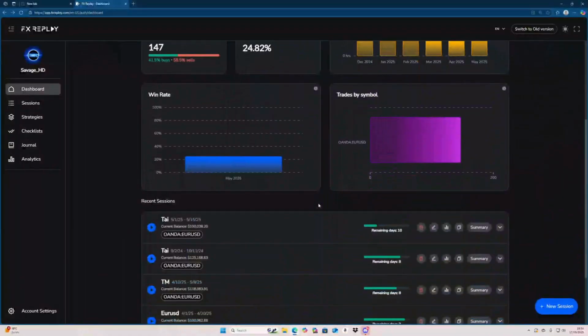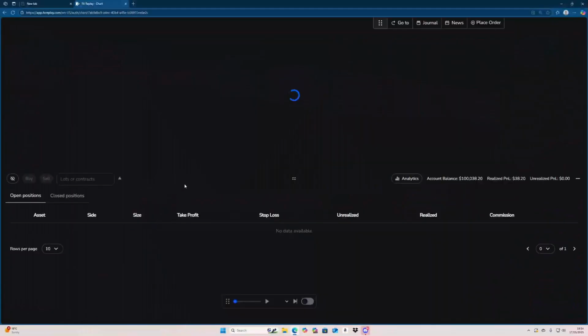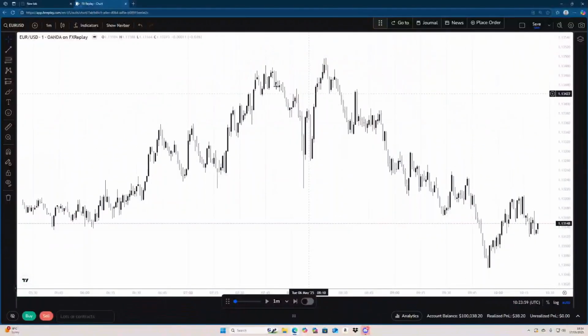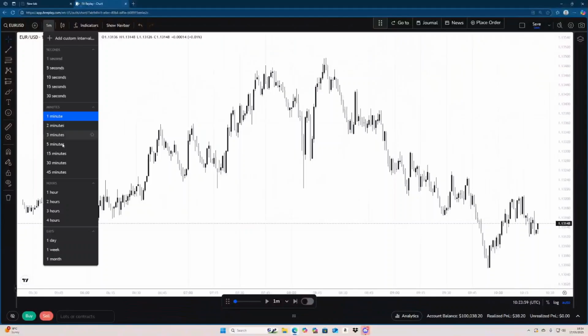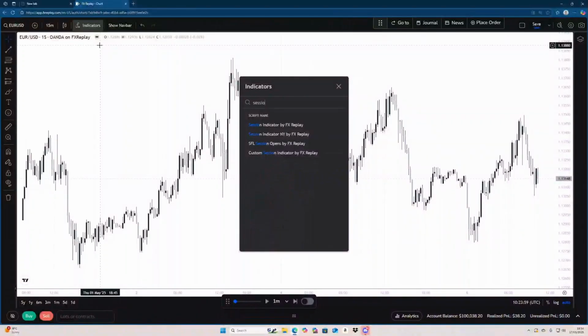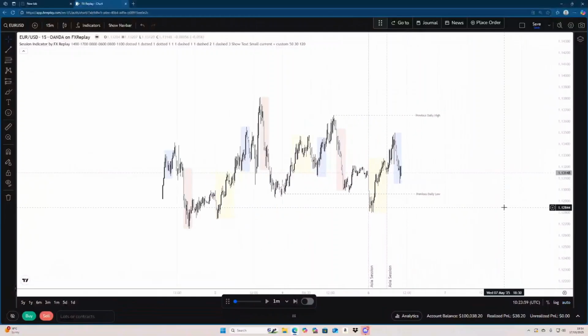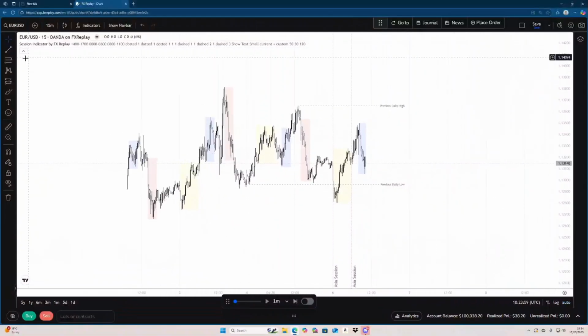I don't know what's going on. I'm pretty sure I've just skipped to the next day. Let me see. No, I didn't. So this trend line here you were saying.